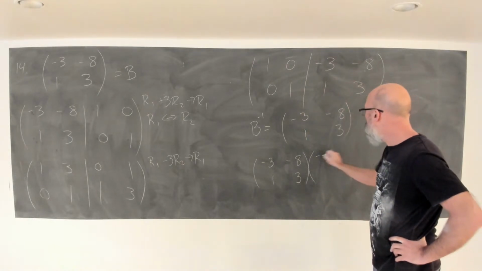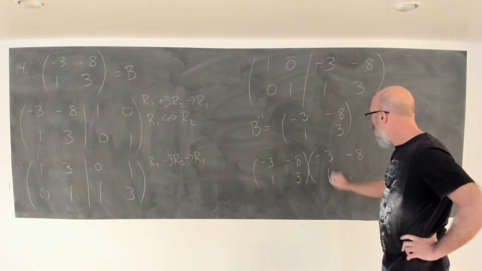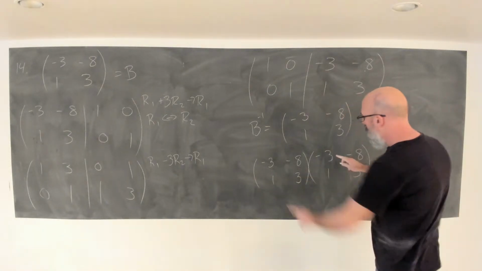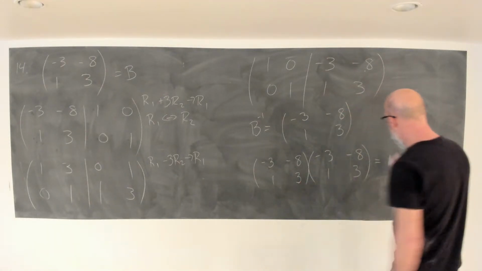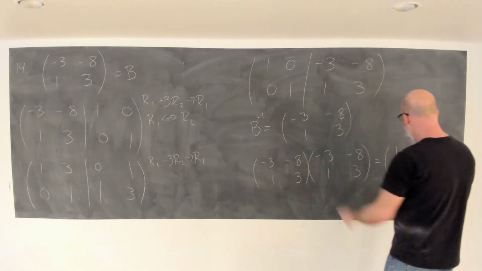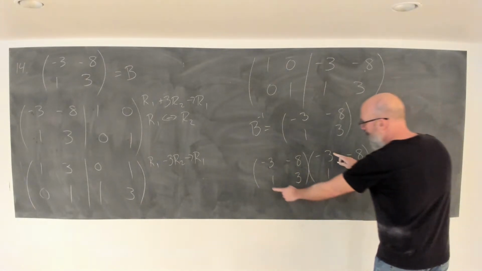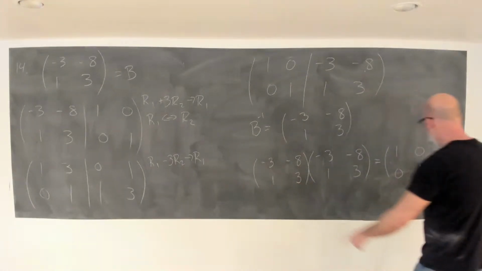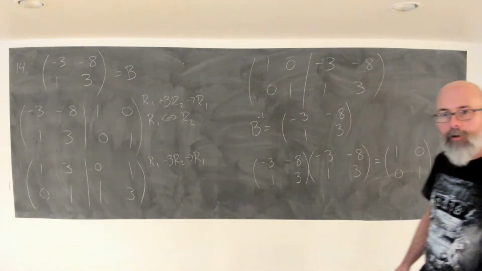This times that, when we get 9 minus 8 is 1. 24 minus 24 is 0. Minus 3 plus 3 is 0. Minus 8 plus 9 is 1.